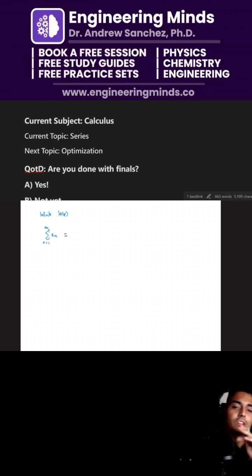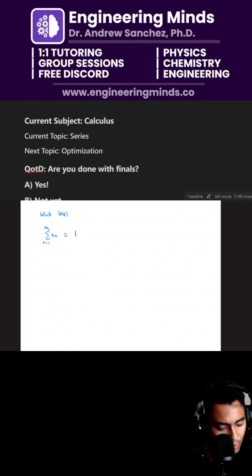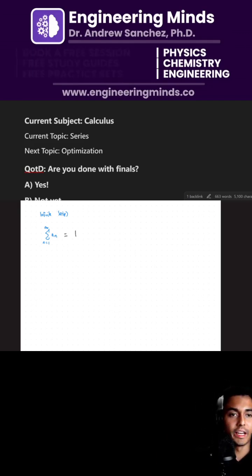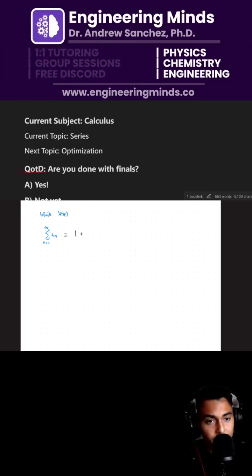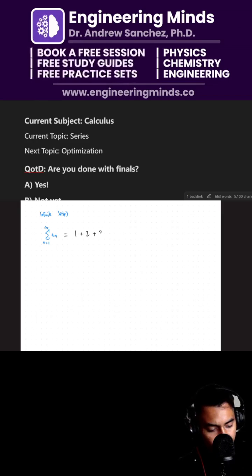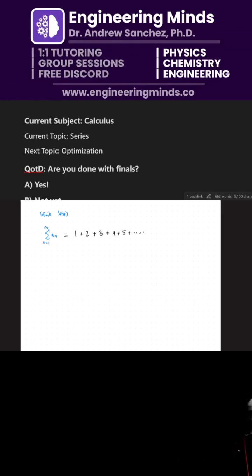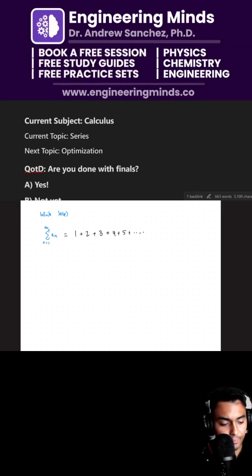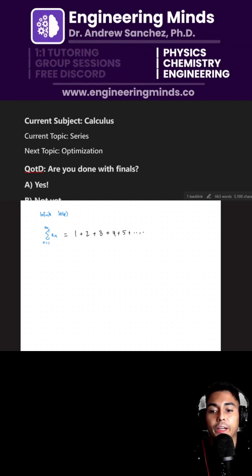This is more of a discrete set of values. n equals 1, and then we add the next one. The next integer above that is a 2, and then 3, 4, and so on. Okay? So as you can see, if n goes up to infinity, then this series is going to blow up to infinity, right?